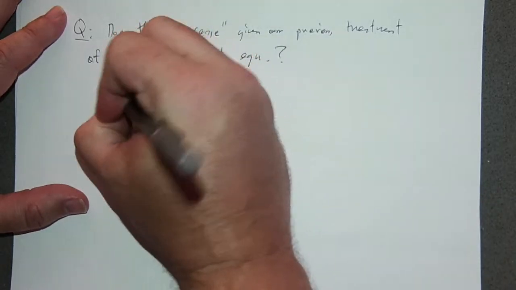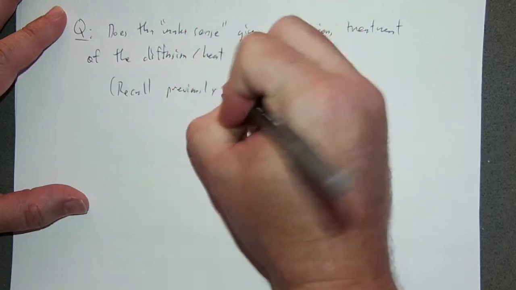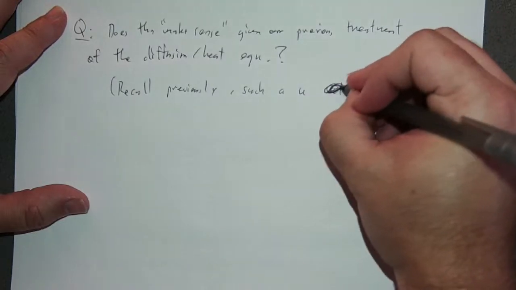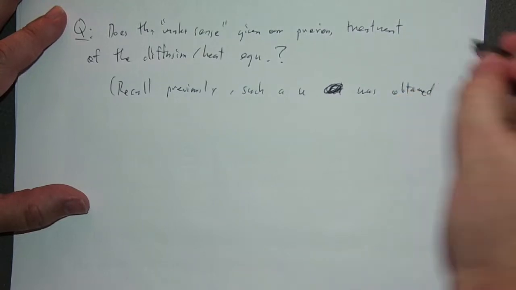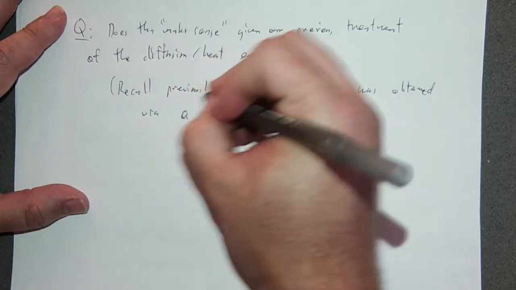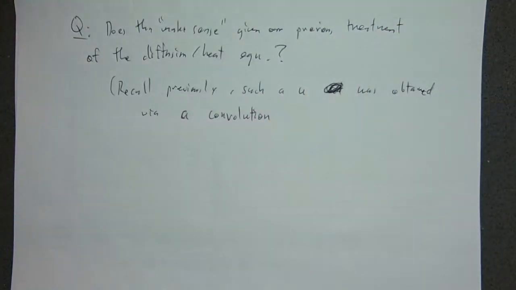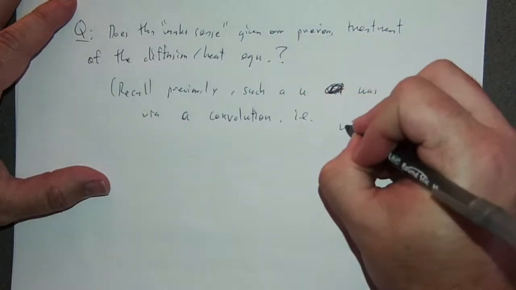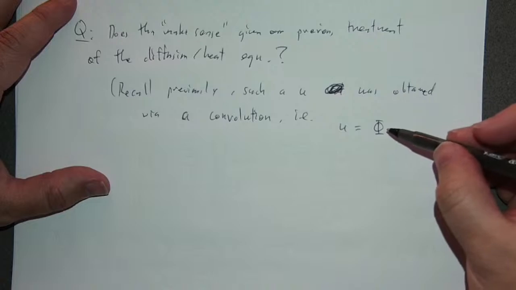Well, recall that previously such a U was thought of, or was obtained, via a convolution. Right? And our convolution was something like, i.e., U was really some phi, which is either the heat kernel or something similar to the heat kernel, right?